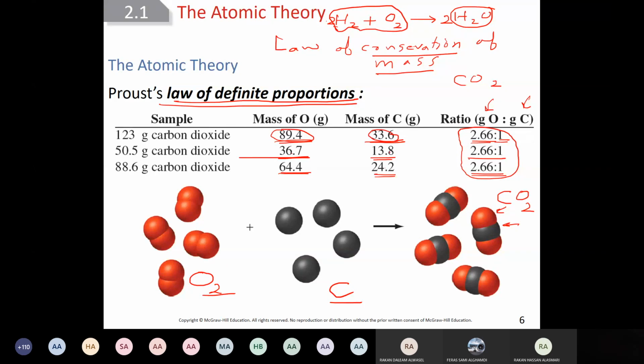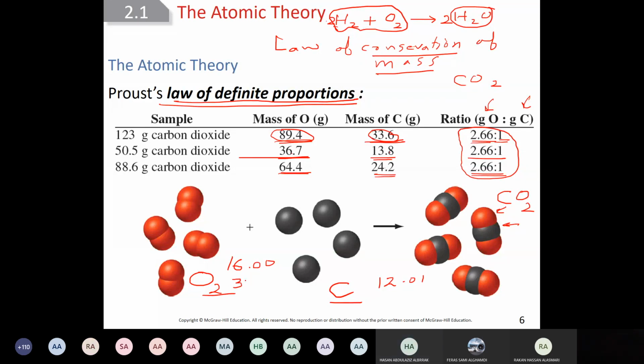Now, why is this? We know, what's the mass of carbon in the periodic table? 12.01. Look at the periodic table, the mass of carbon is 12.01. What's the mass of oxygen? 16 for oxygen.